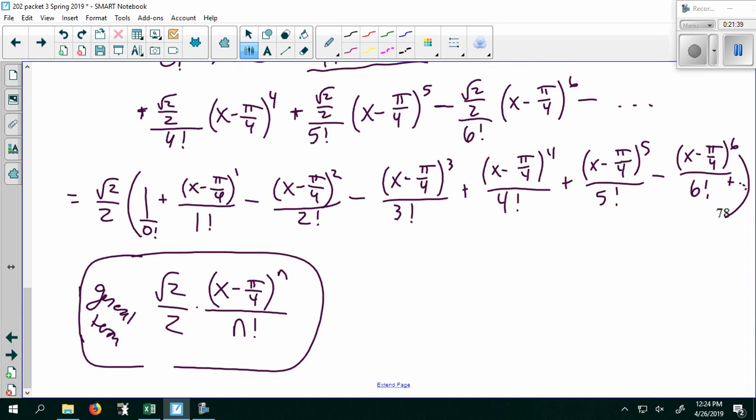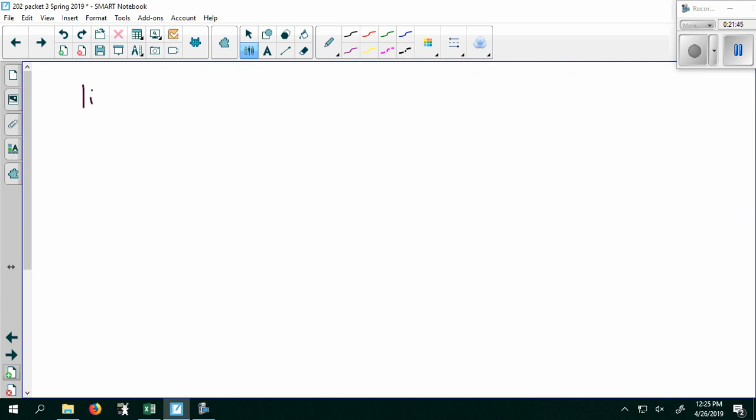So if I do the ratio test on this, I would take the limit as n goes to infinity of the n plus first term, which is, I'm going to leave the root 2 over 2 out.